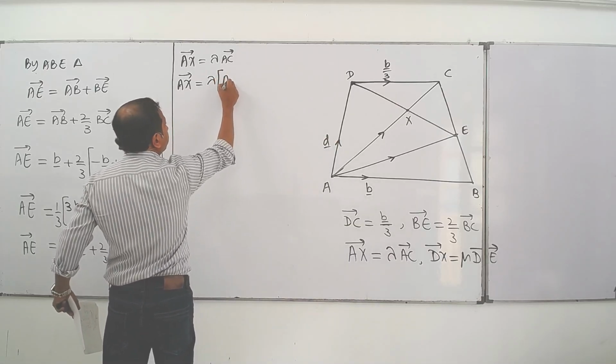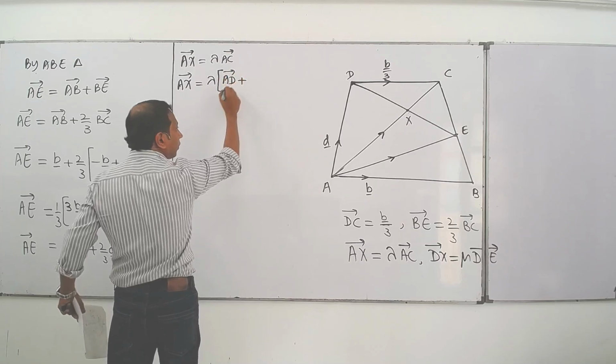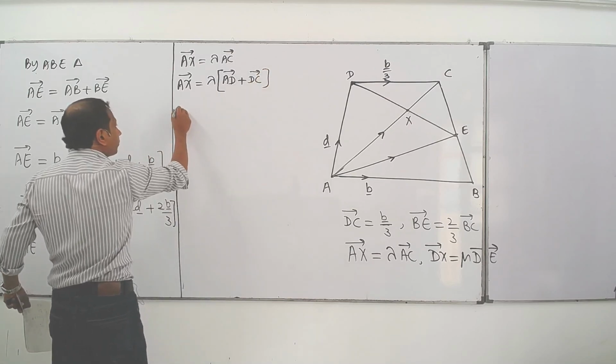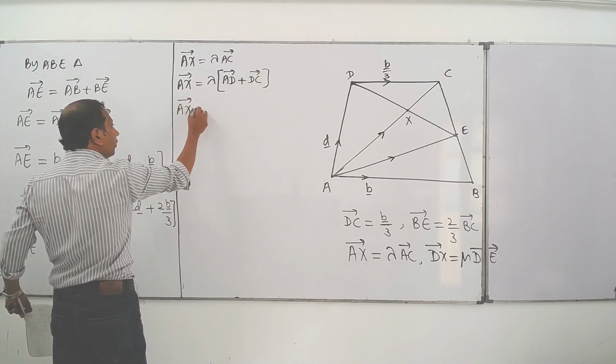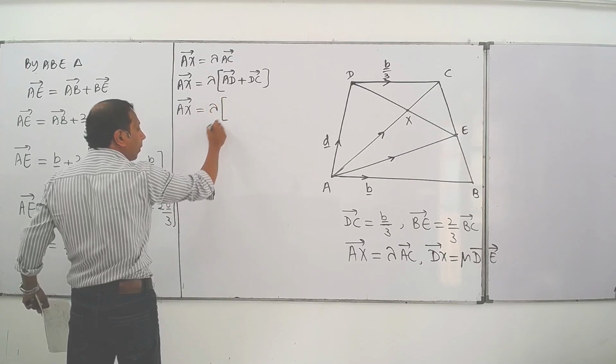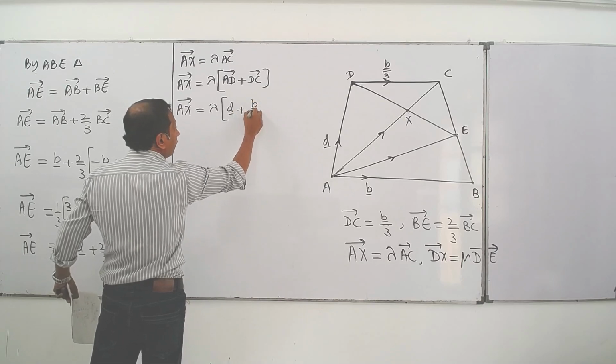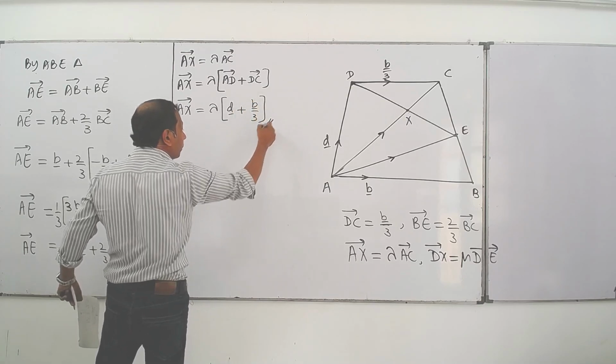So AD vector plus DC vector. AX vector is equal to lambda times AD vector plus DC vector, which is B by 3.